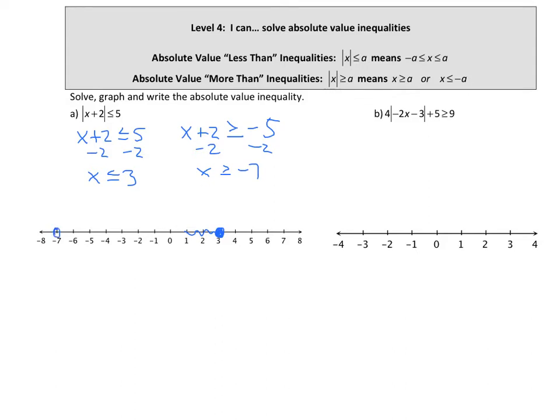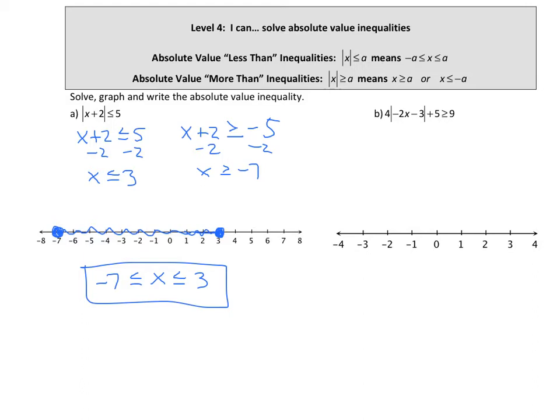So it's a closed dot at negative 7, and the numbers that are greater than negative 7 are to the right. So this is a situation where it's shaded in the middle. And the official way to write that inequality is negative 7 is less than or equal to x, which is less than or equal to 3.